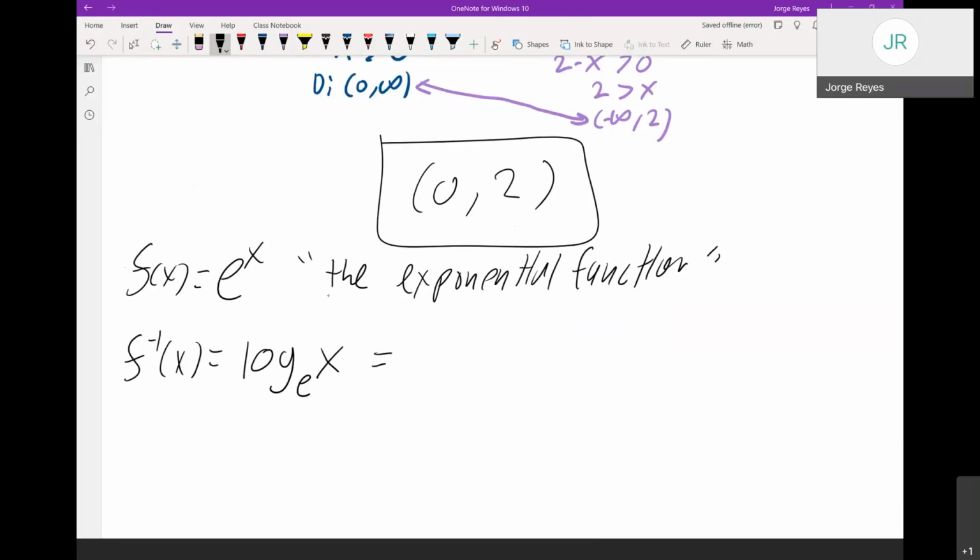We like to use ln x, and it is called the natural log. This is probably the other log button on your calculator. So you should have the common log and the natural log.